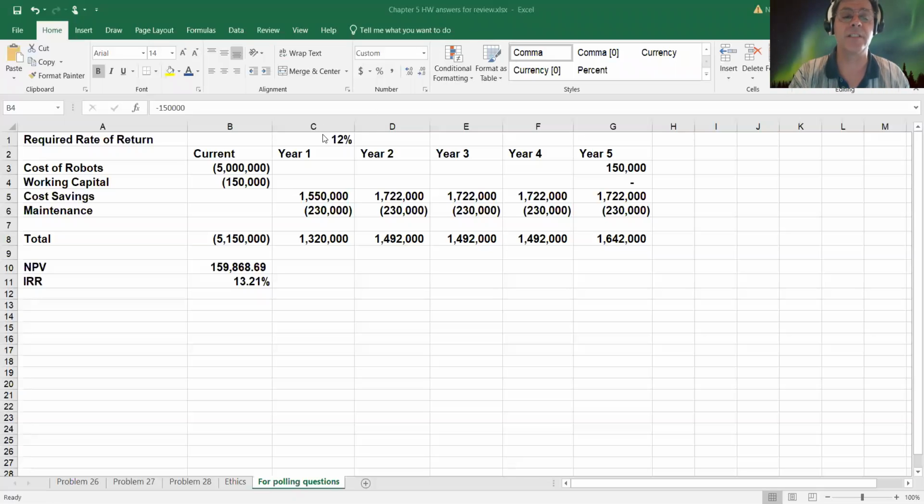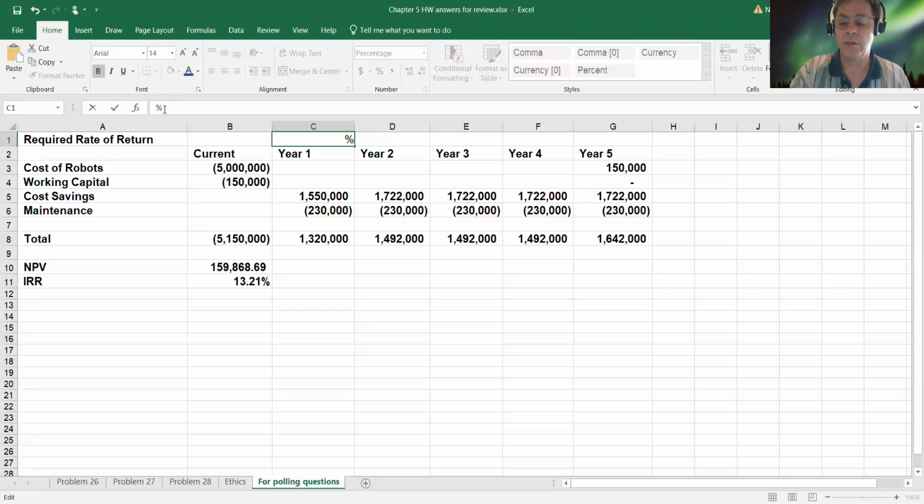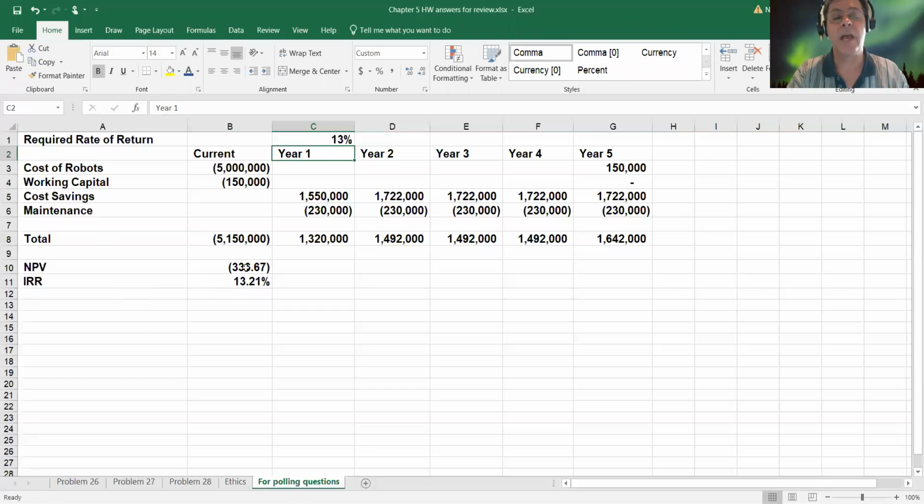So just as an example, if I change the required rate to exactly 13.21%, NPV gets very close to 0. It's still rounded, so it's not exactly 0, but it will be very close to 0 because that's the definition.